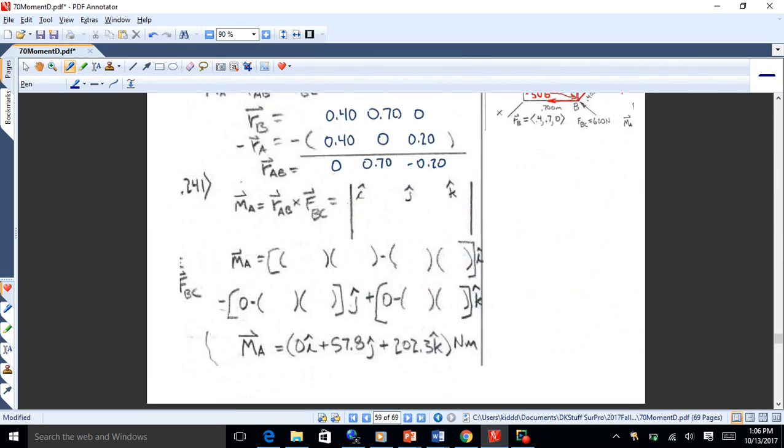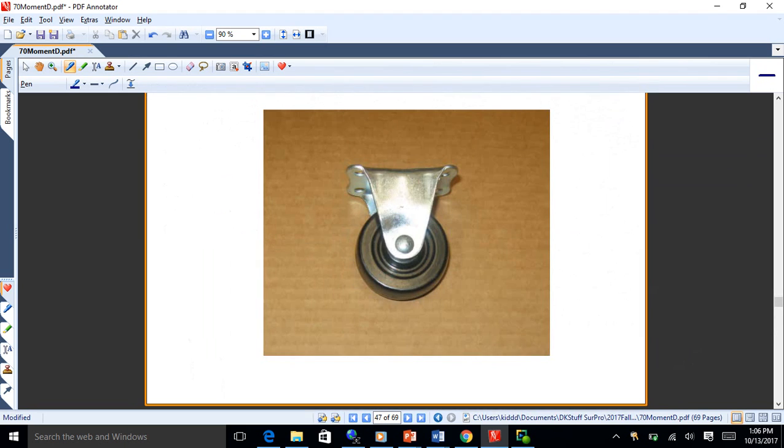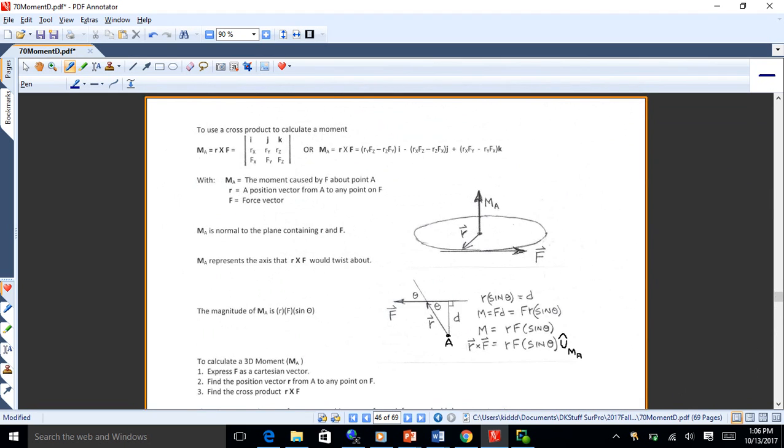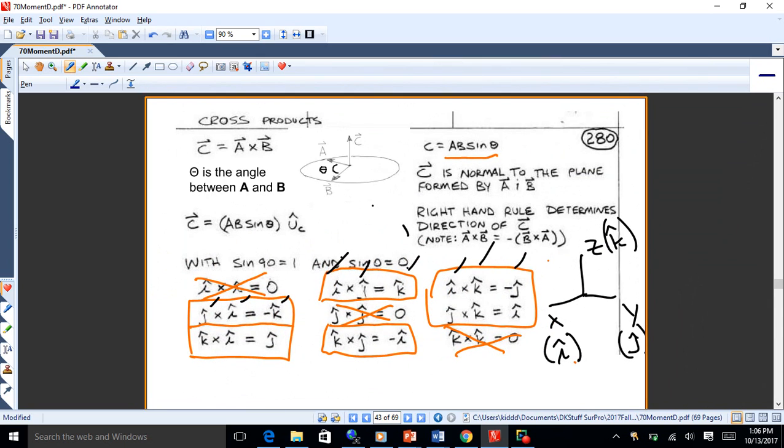So what we were doing last time is looking a little bit at cross products, if I remember right. This is another vector operation, and it's one of those things that our friends the mathematicians came up with. It's very helpful for us.